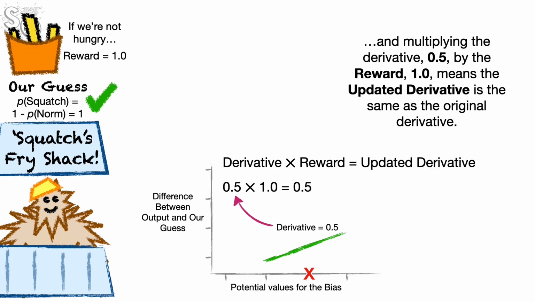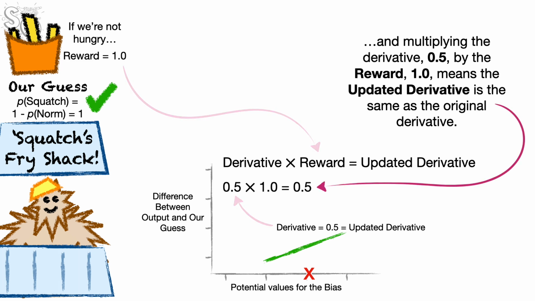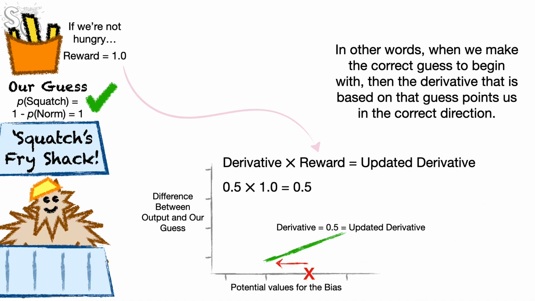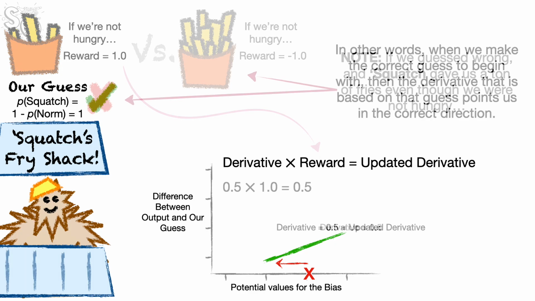And multiplying the derivative, 0.5, by the reward, 1.0, means the updated derivative is the same as the original derivative. And the updated derivative tells us to do the same thing as before and shift the value for the bias to the left. In other words, when we make the correct guess to begin with, then the derivative that is based on that guess points us in the correct direction.